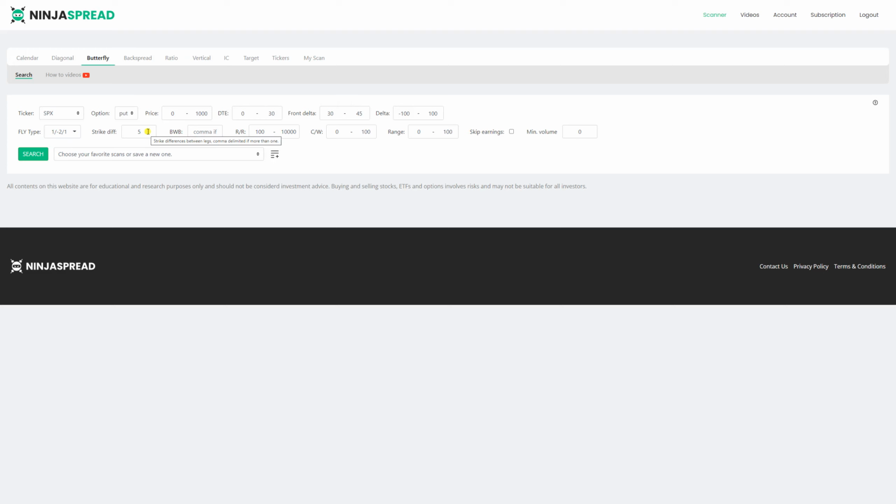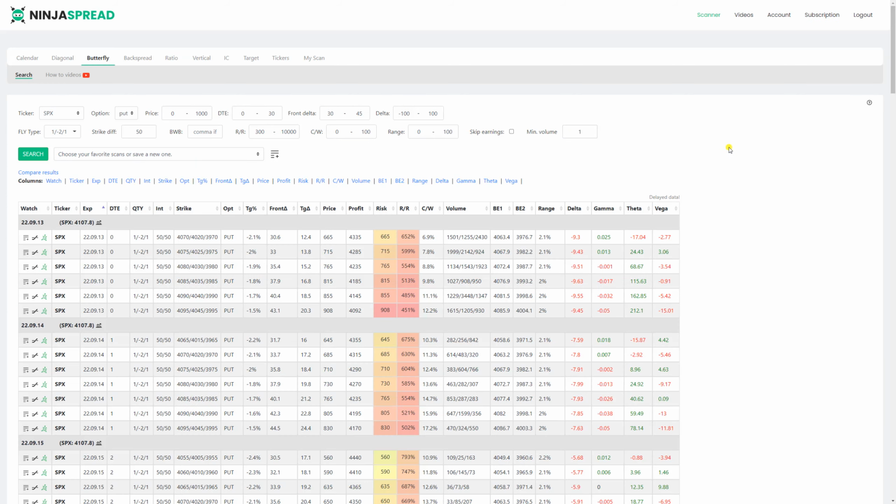And the strike difference right now should be, for illustrative purposes, 50. And the reward to risk should be 300%. And let's leave CW as the default value, range still as the default value, and minimum volume should be set to 1. So these are the results based on the criteria we set previously.